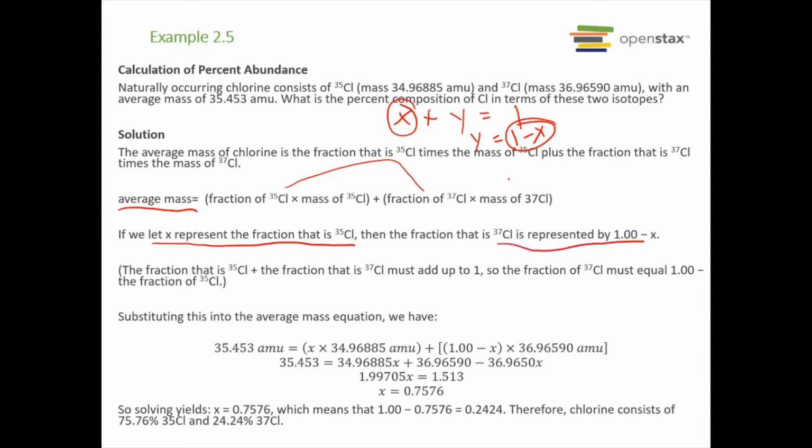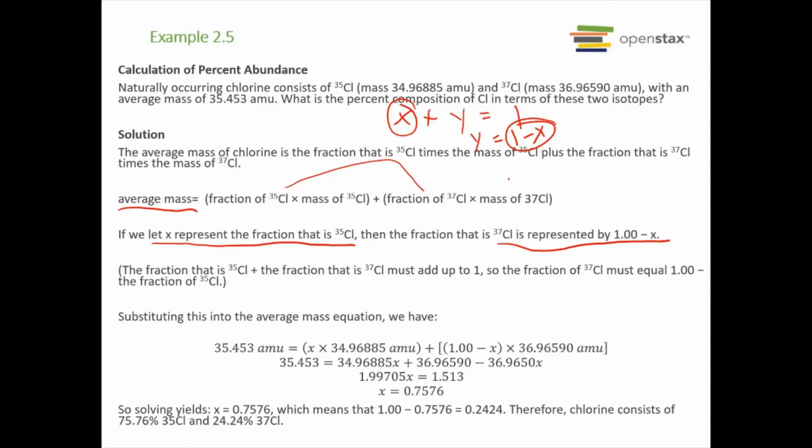Chlorine 37 has to be 1 minus X because that's the remainder. There are only 2 isotopes here. And by the way, I'm not going to be some jerk and give you 3 isotopes in a question like this. That's just mean.